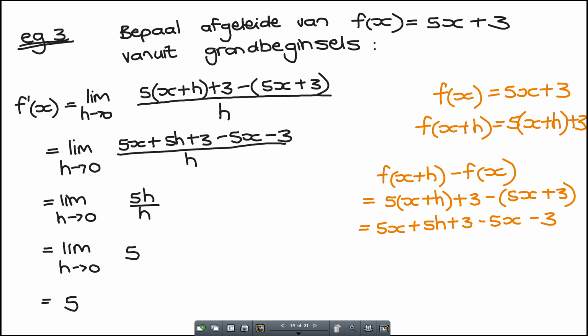Kom maar. Waar 5x plus 3. O, jy bedoel nou die konstante. Ek gaan nou daarby kom, ek gaan nou verduidelik. But the derivative of a constant will always be 0. It's because you didn't put brackets around.